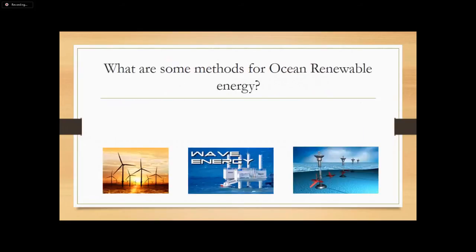So, what are the methods for ocean renewable energy? You can use basically the pictures here as a guide. So offshore wind farm, wave energy, and tidal energy. The last one is tidal.